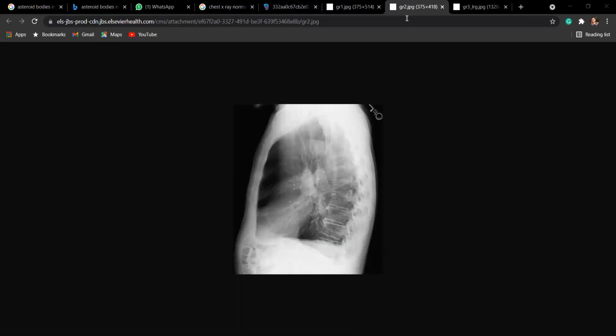Very rarely you can see this blunting of the angle. It is mostly not affected in pneumonia. If you see the blunting of this angle, there are high chances that this is an effusion case, not a pneumonia case. So it cannot be helpful here.